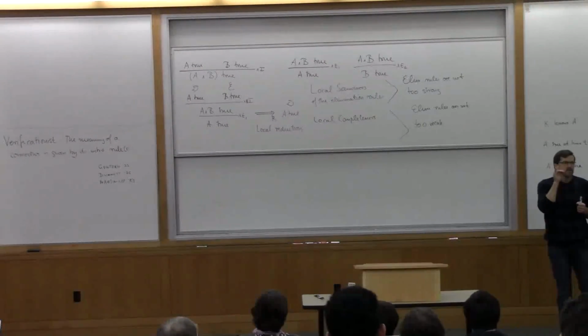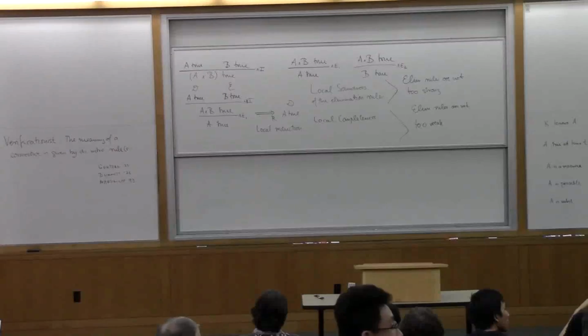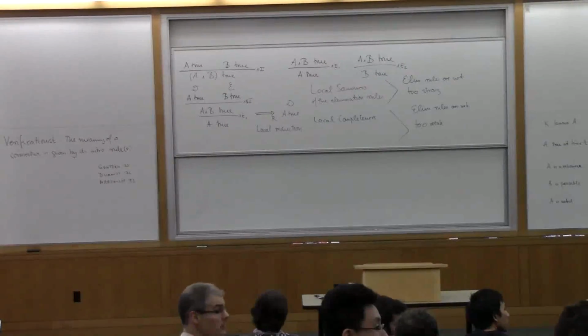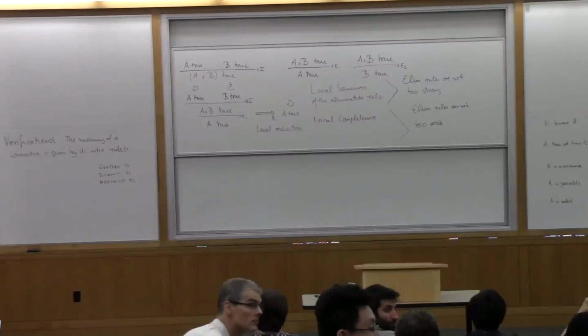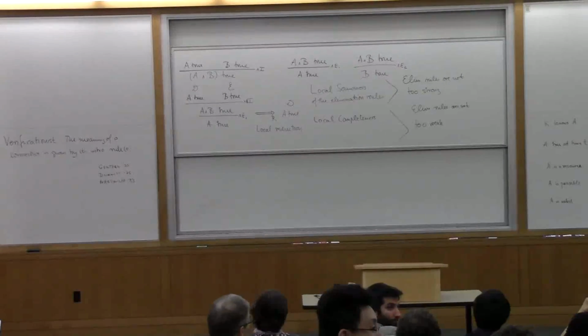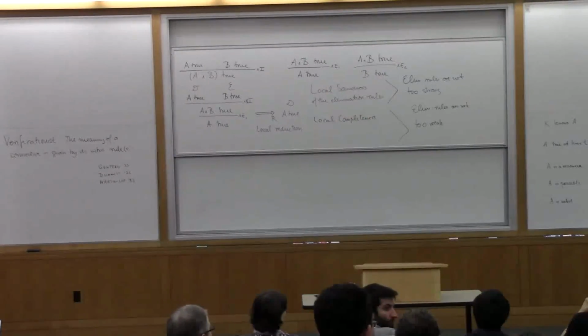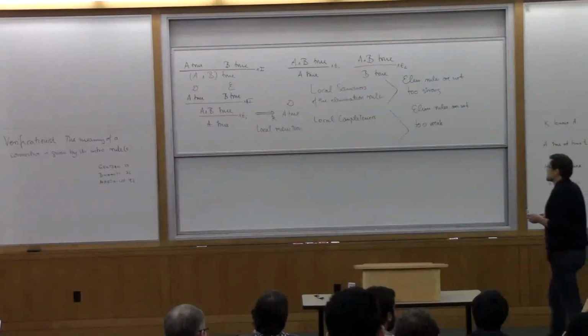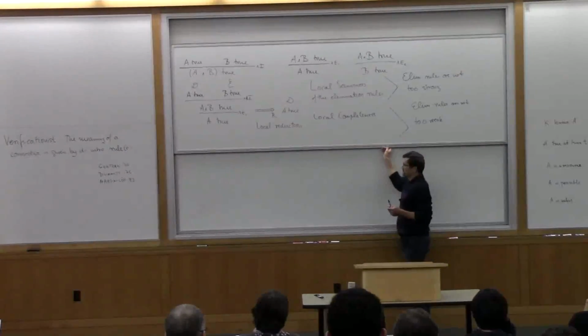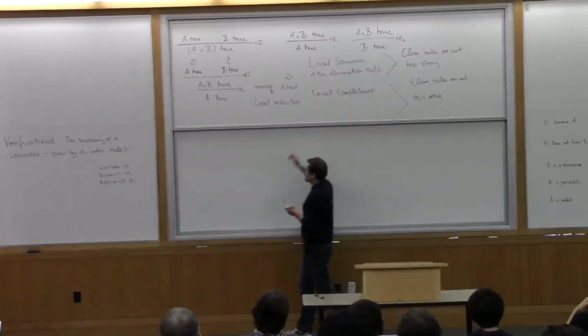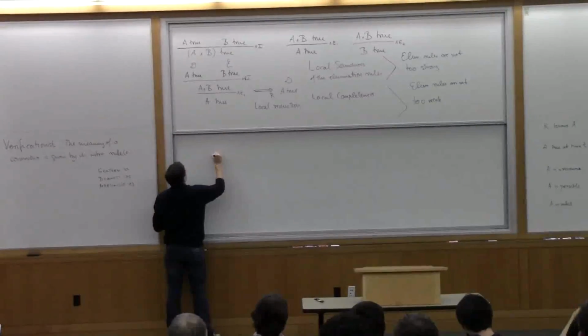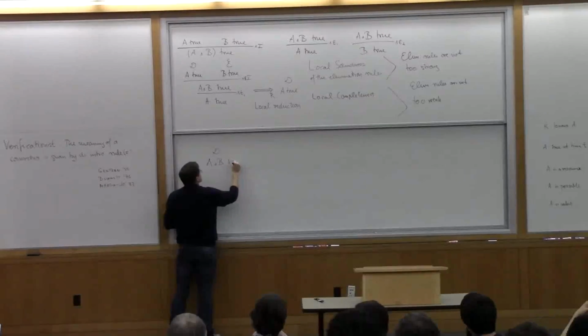So maybe you can prove A and B from A and B, but without using the direct reflection. Okay, so let me reformulate that slightly. An arbitrary proof of A and B. We don't know what it is.